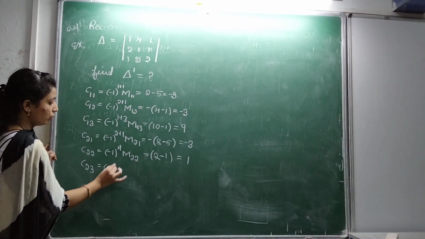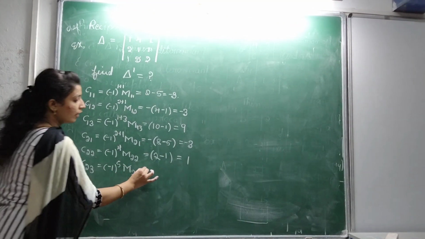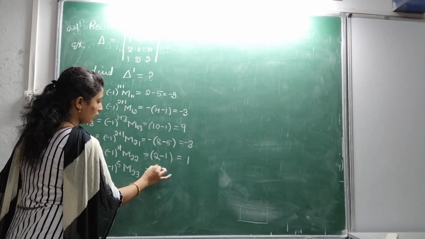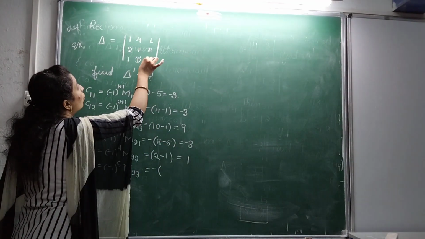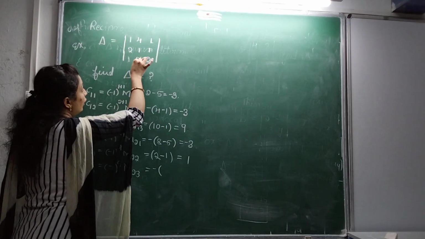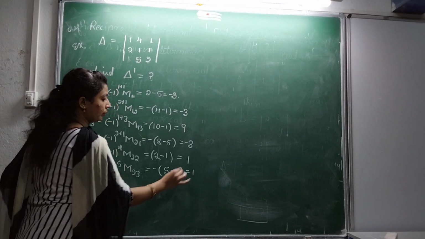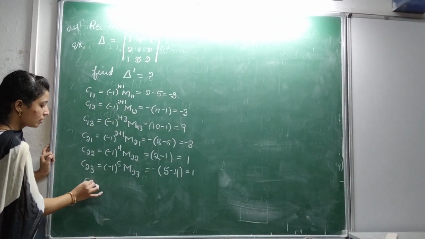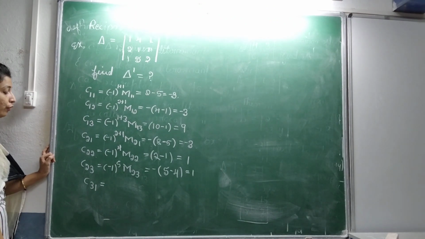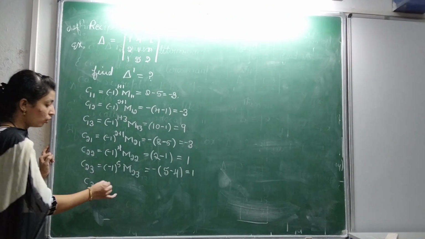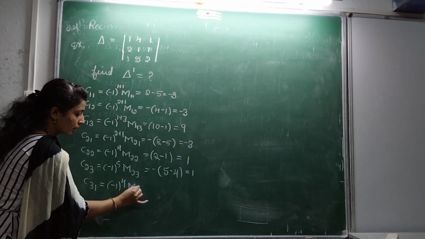C23 means it is minus 1 to the power 5 M23. M23 is second row, third column. So it is minus of the second row, third column elements: 1 into 5, 5, 5 minus 4, that is 1. Next, C31 is equal to third row, first column, minus 1 to the power 4 M31.